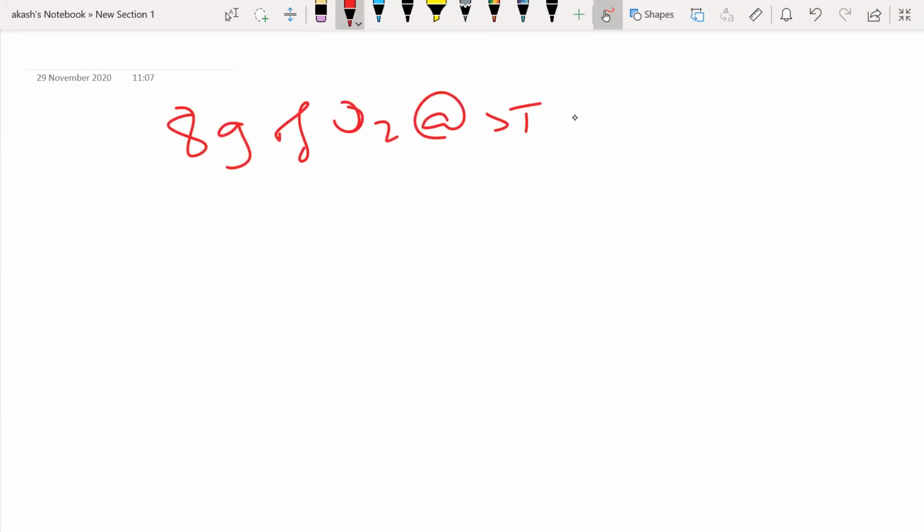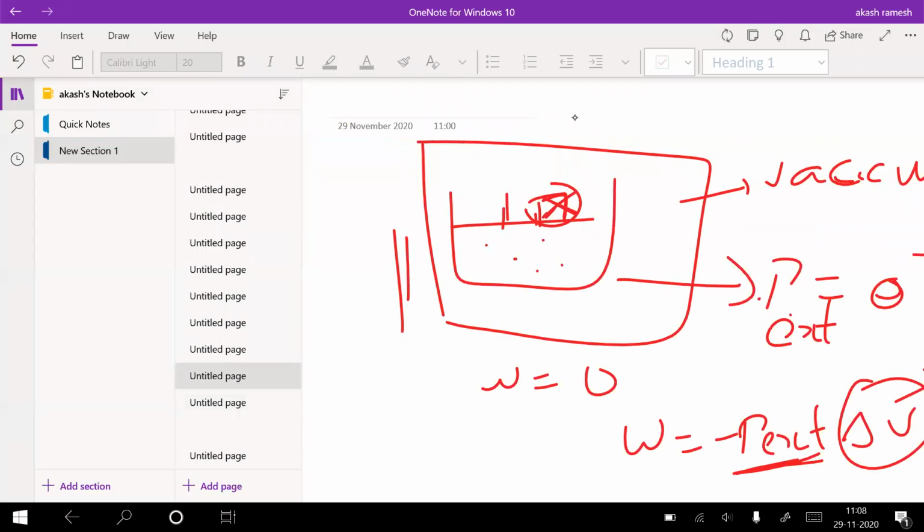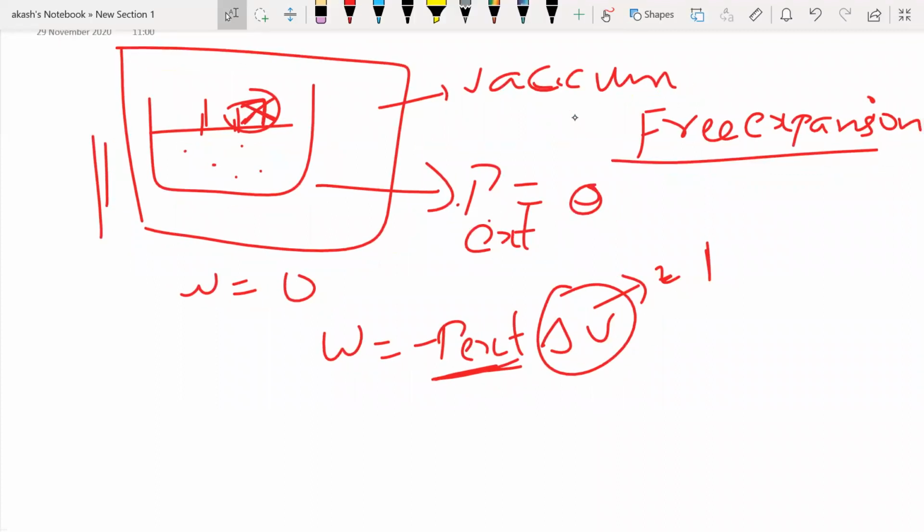So this is enough conditions for me. Now, can I substitute? On the previous page, we said that this del V is 1. No, we cannot tell that. Del V will be V2 minus V1.